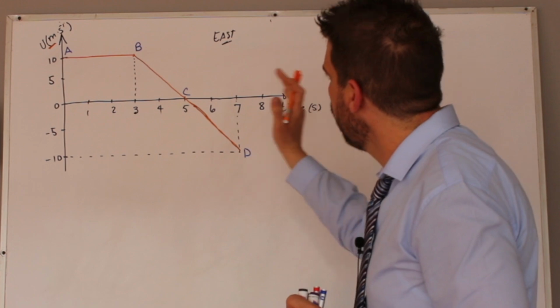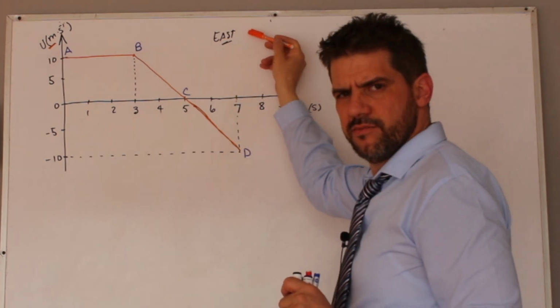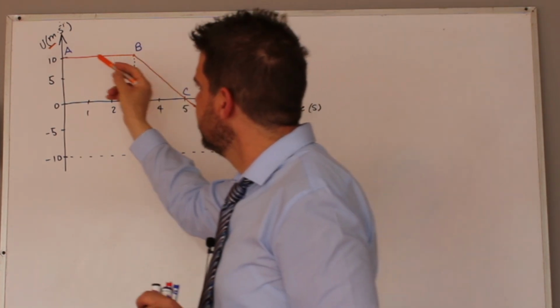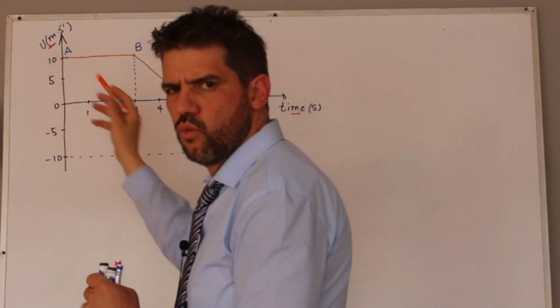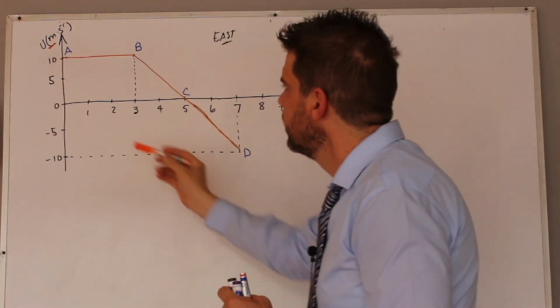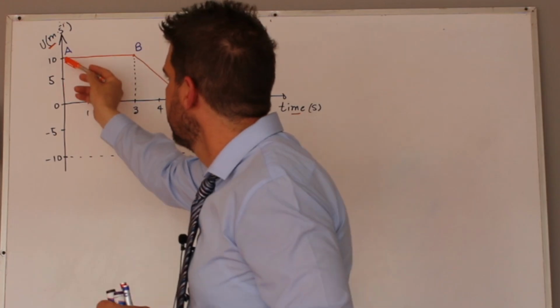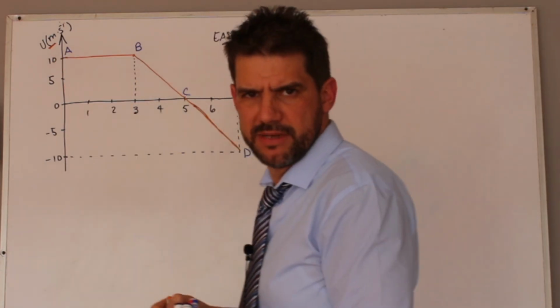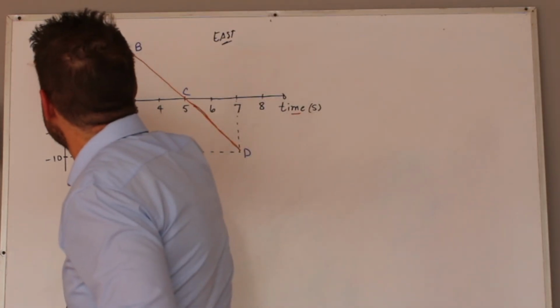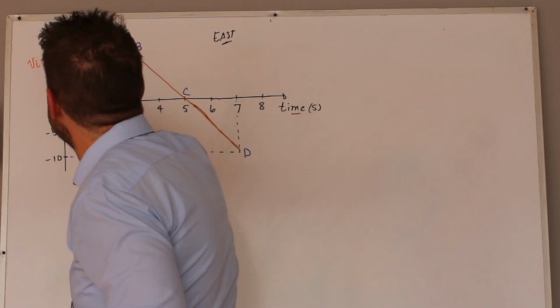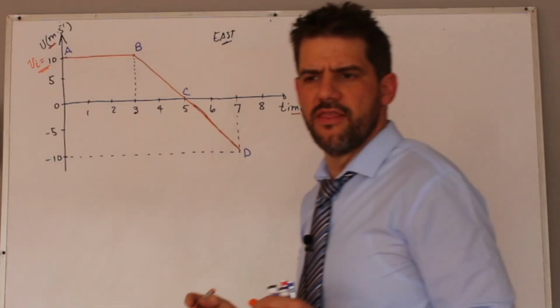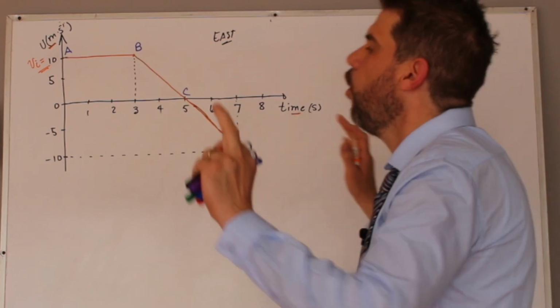So this is our graph. The direction is east. The initial velocity is always where the graph starts from 0. At 0 time, the velocity was 10 meters per second. So 10 meters per second is what we call the initial velocity of the whole motion.